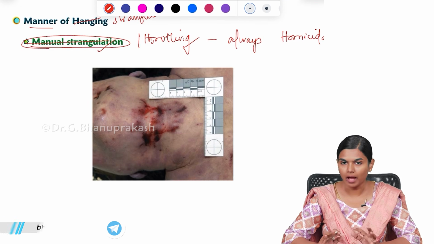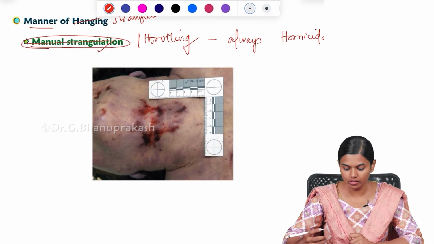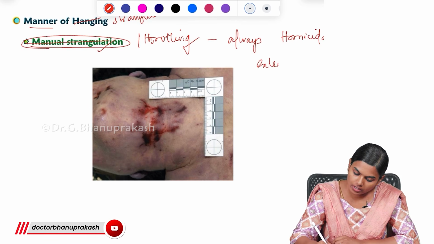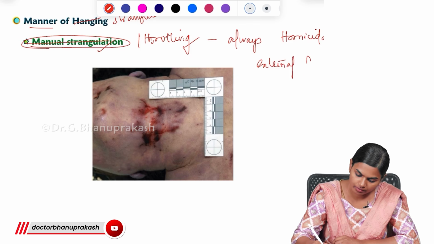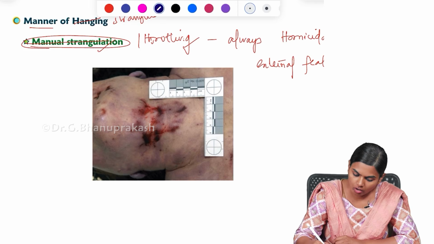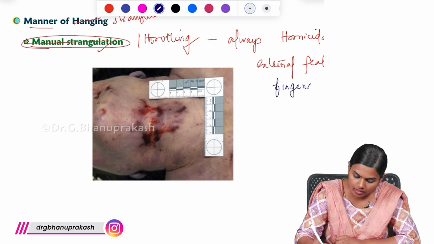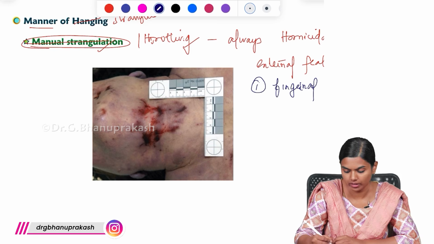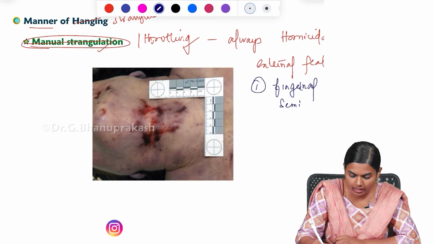And in case of manual strangulation, there are certain specific features that are important to know. The first external feature that is important here is this. You see these semilunar shaped marks. These are fingernail abrasions, and they are typically semilunar shaped.